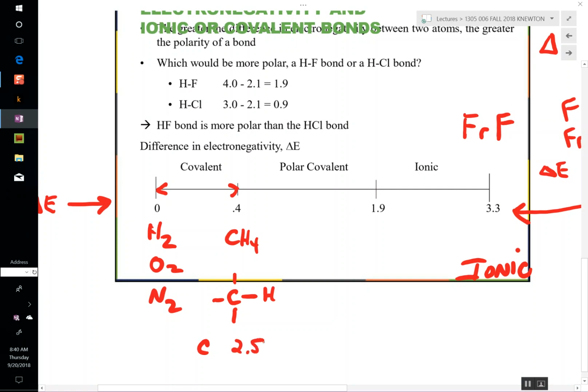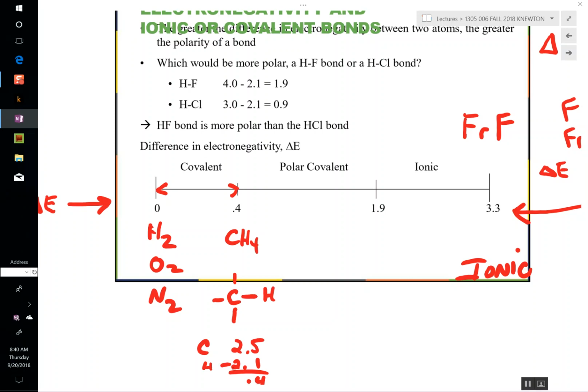And hydrogen is 2.1. I told you you didn't need your calculators today. Simple subtraction. We subtract the one from the other and we get a difference of 0.4.